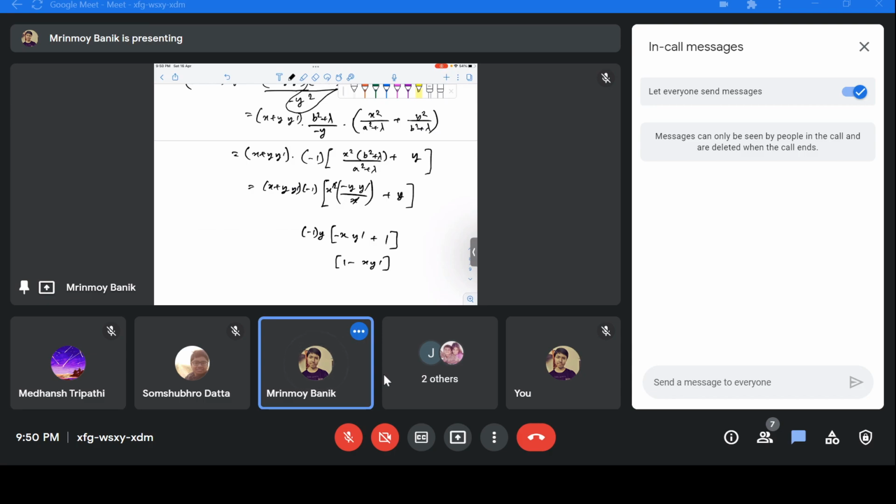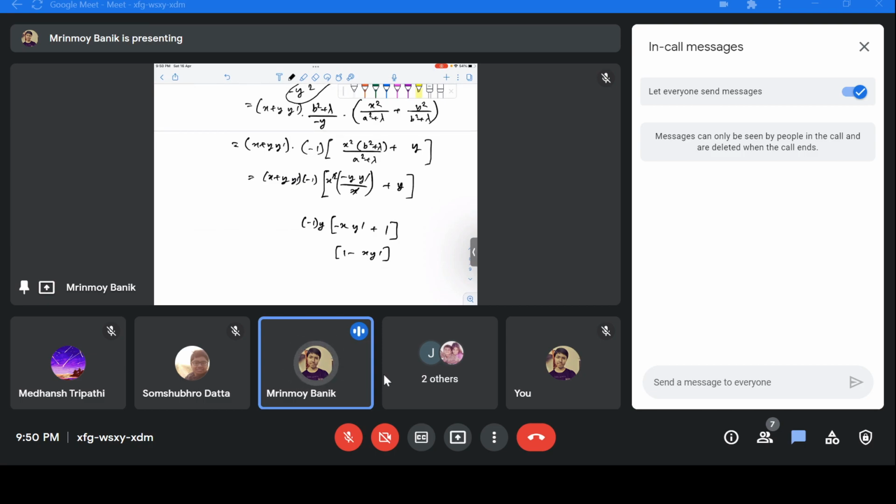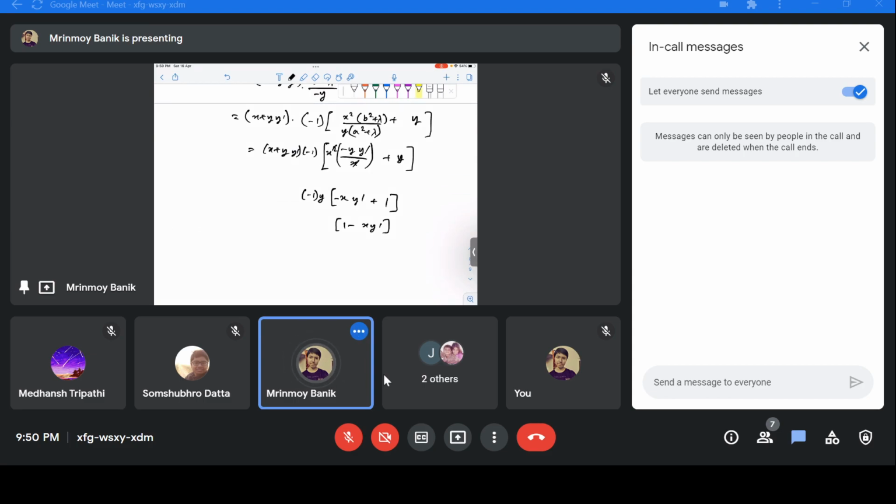Oh, okay, okay. So there was a y here, and I put it back inside. So here should have been a 1 by y. So that y should have cancelled with this one, and we don't need to pull out a y anymore. So minus x y dashed plus y.